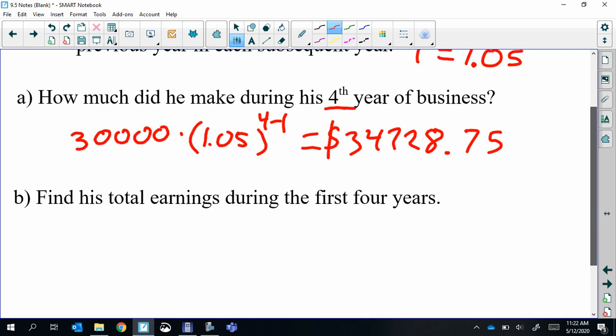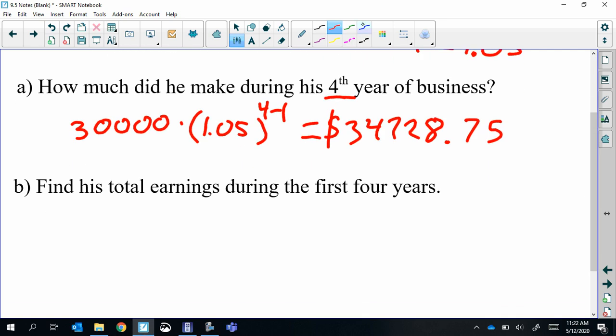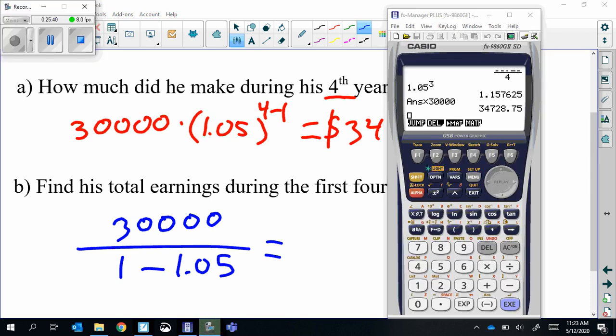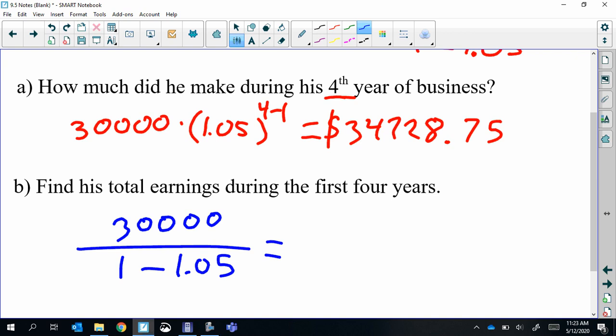What would the total earnings be? So the total earnings would be the sum, which is A1 over 1 minus R. And then, I forgot the top part of the formula since this is not an infinite sum.